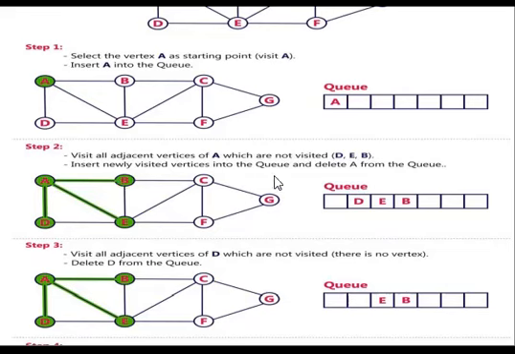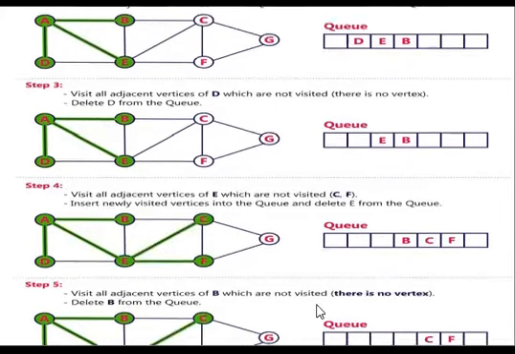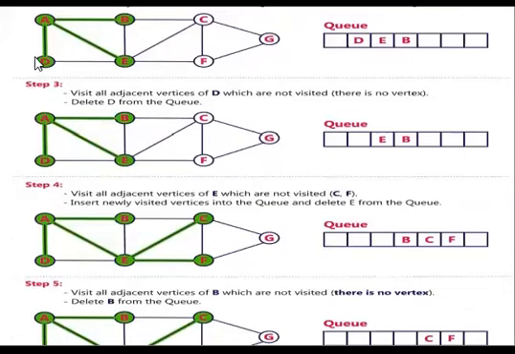So we enqueue D, E and B and delete A. Then in step 3, we take the first node D and visit all its adjacent unvisited vertices. There are no vertices to see from D, so we just delete D from the queue.